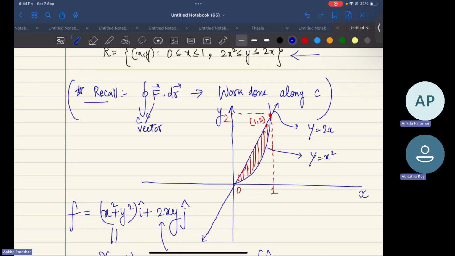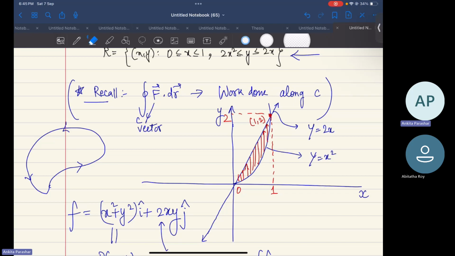But of course, even if we are coming back, there should be some displacement. If there is a displacement happening, there is work done, right? When we are moving through a closed curve, we come back at the same place, but it does not mean that we did not do any work. Maybe there is some other logic.